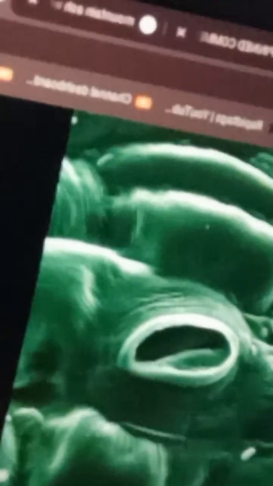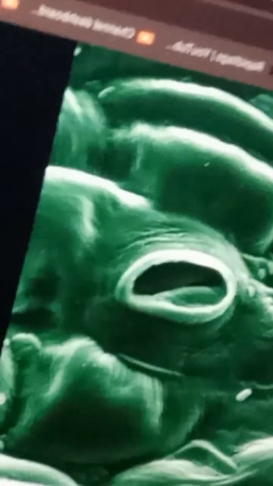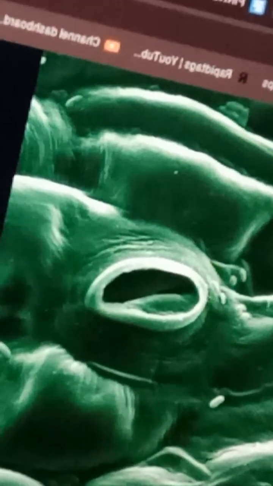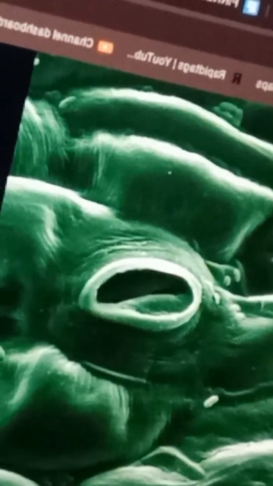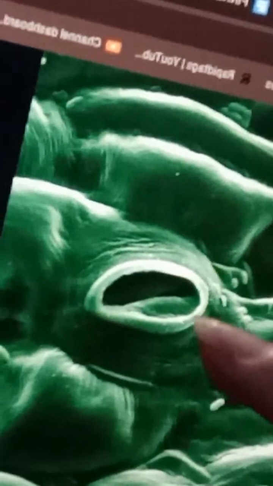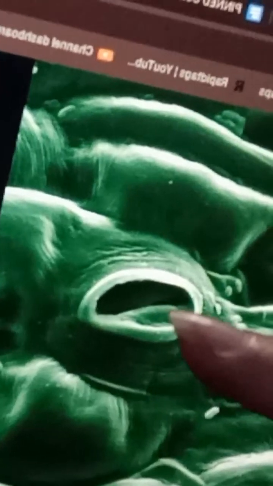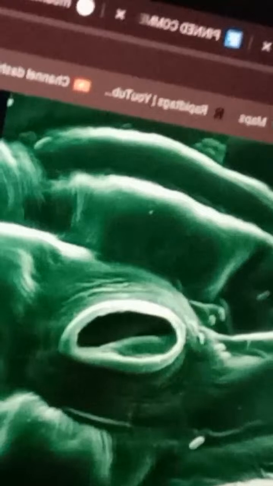So you're looking at a tomato plant, or a tomato leaf to be exact. This is on an electron microscope. This little hole or little indent is called a stomata.